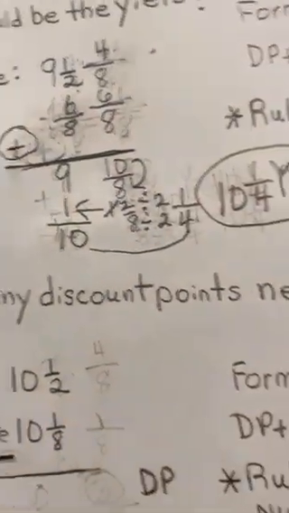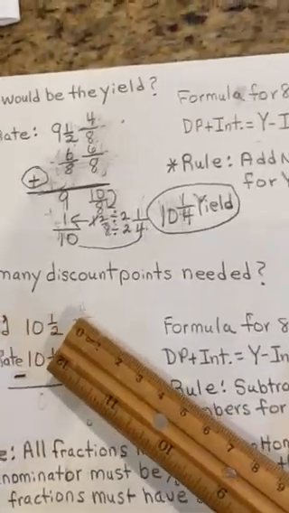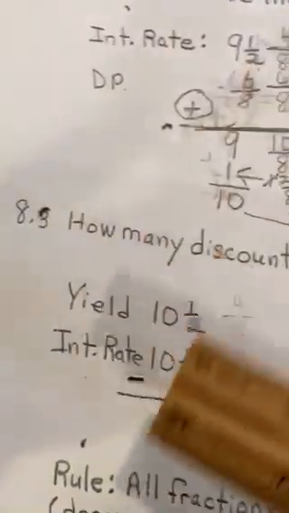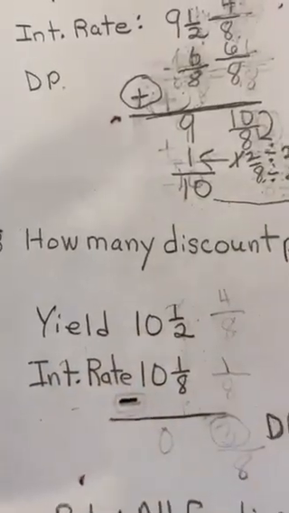How many discount points are needed? And we found out that the yield is 10.5 and the interest rate is 10 1/8.